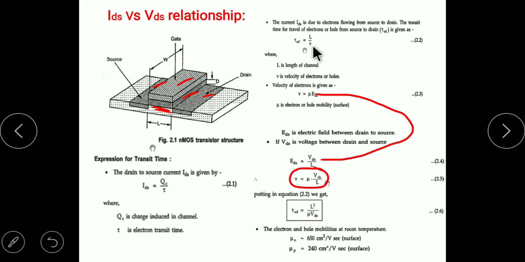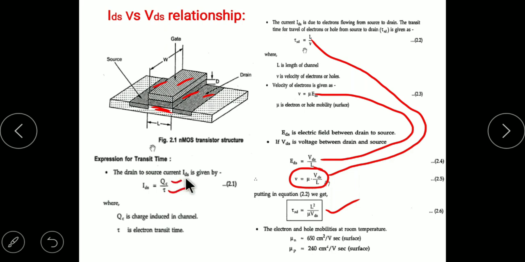The velocity of electron, derived as mu into VDS by L. So if you substitute this, tau SD is equal to L by v, that is L into L, L square by mu into VDS. So this is the transit time expression. What is transit time? The time taken by electron or hole to travel from source to drain. The expression is tau SD equal to L square by mu into VDS. So from this definition, the transit time has been derived.